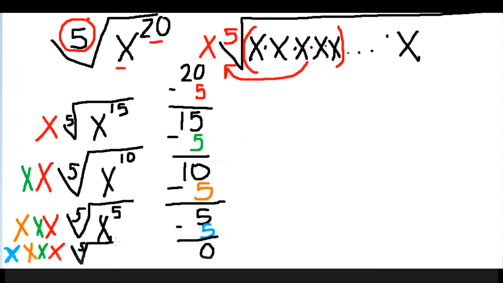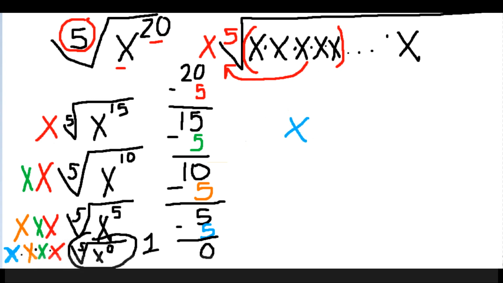So if I write that here, I have 0 copies of x left. Well, anything to the 0 power, you guys, is what? It's just 1. So this whole piece simplifies to 1. So I'm left with x times x times x. So let me bring that over here.